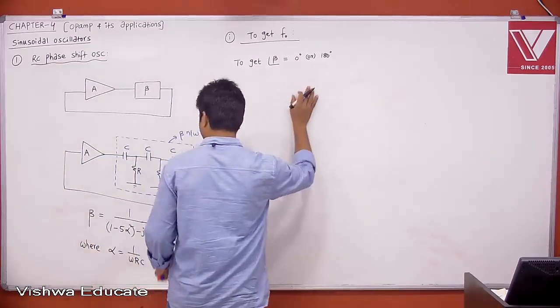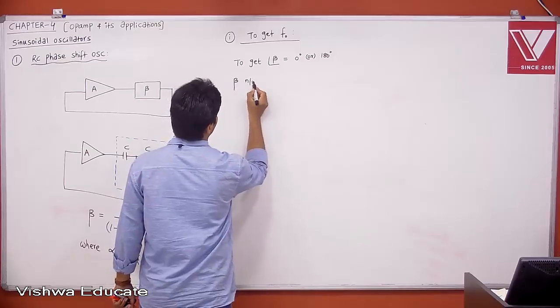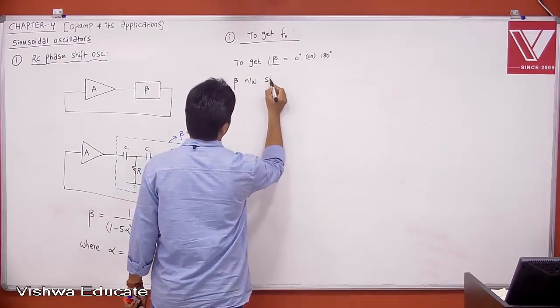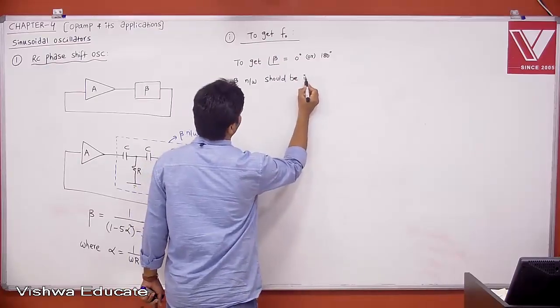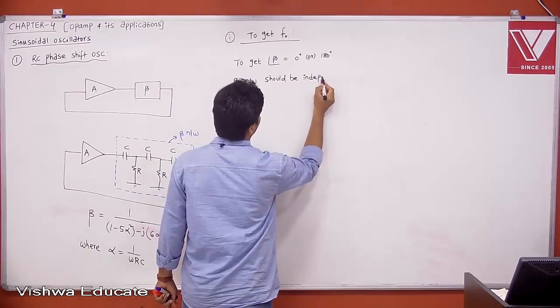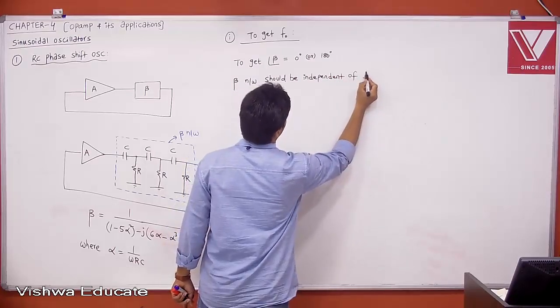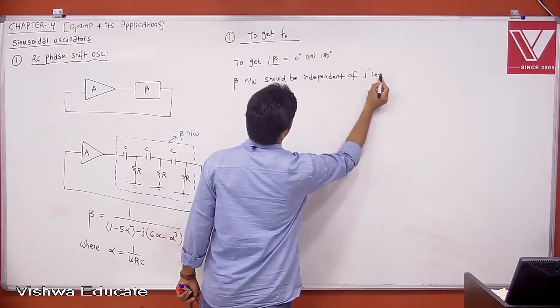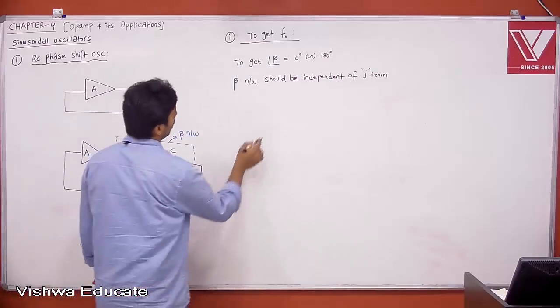Therefore, the beta network should be independent of the j term, right?